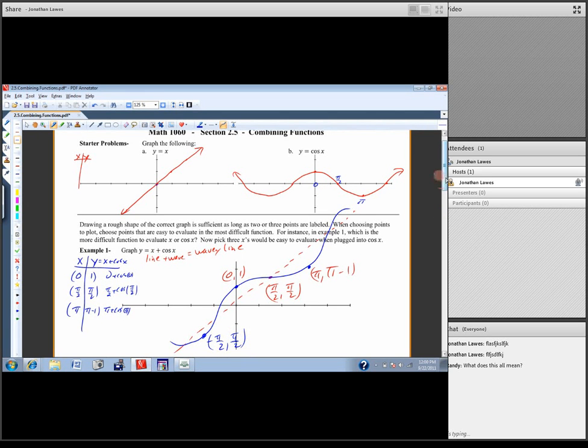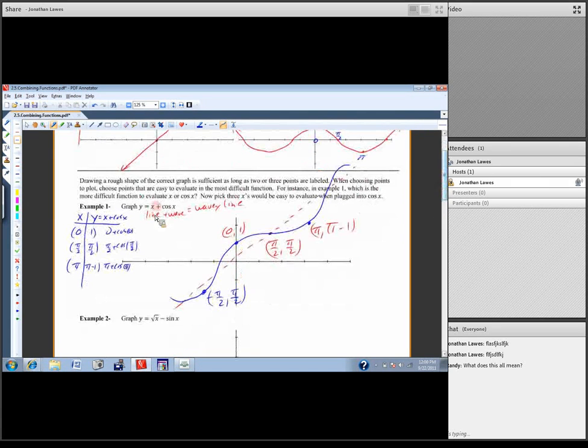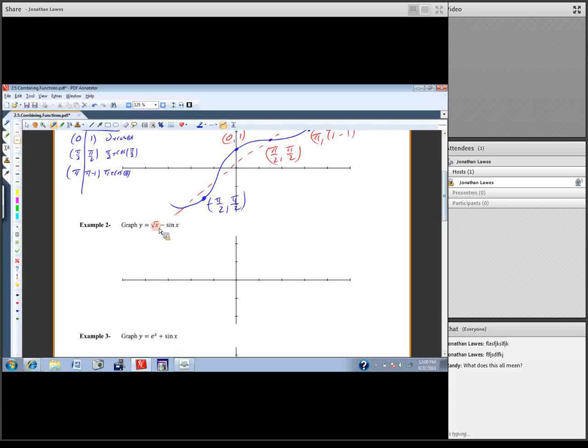So if we take a line and a wave and we get a wavy line, what do you think happens when we take a square root function, so top half of a sideways parabola, and we put that together with a negative sine function? So this is a negative sine, so it would actually start at 0 and go like this. Now remember, we don't have any values for the square root function for negatives.